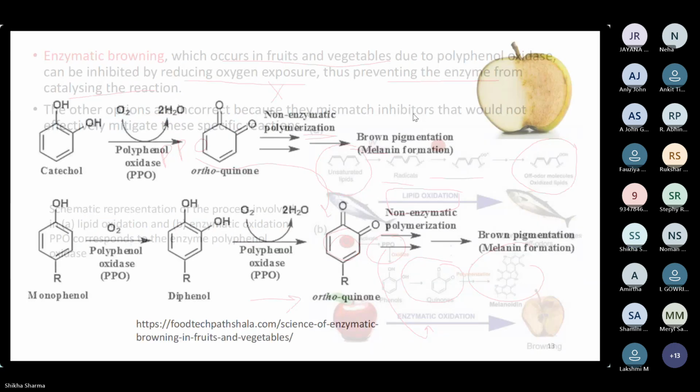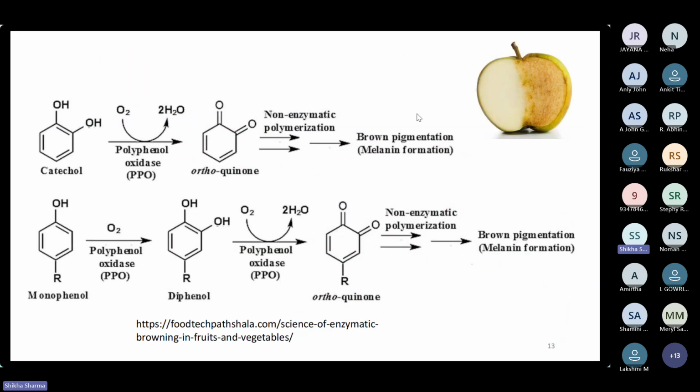Okay, so if we see the reactions in the apple, there's catechol or monophenol, which are basically the flavonoids group, or polyphenolic groups. The polyphenol oxidase enzyme will convert these into orthoquinones.